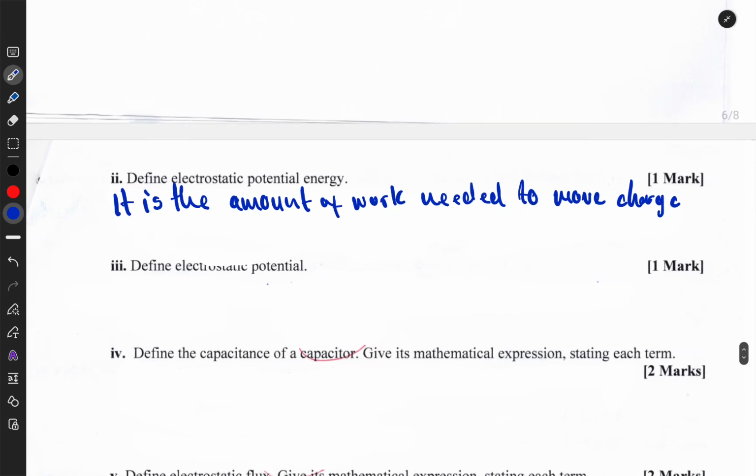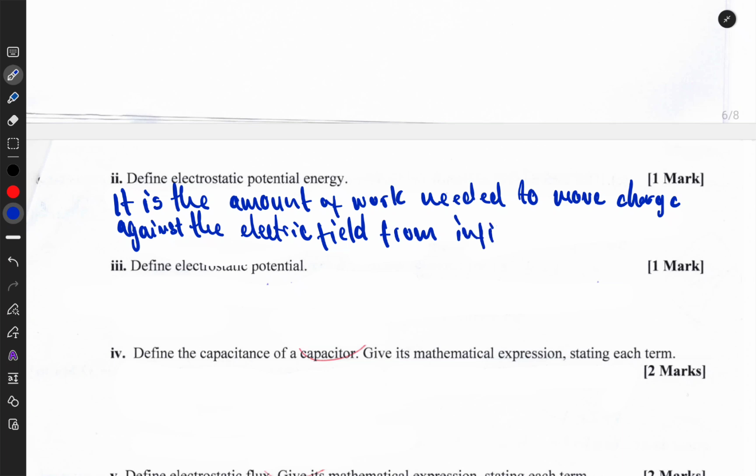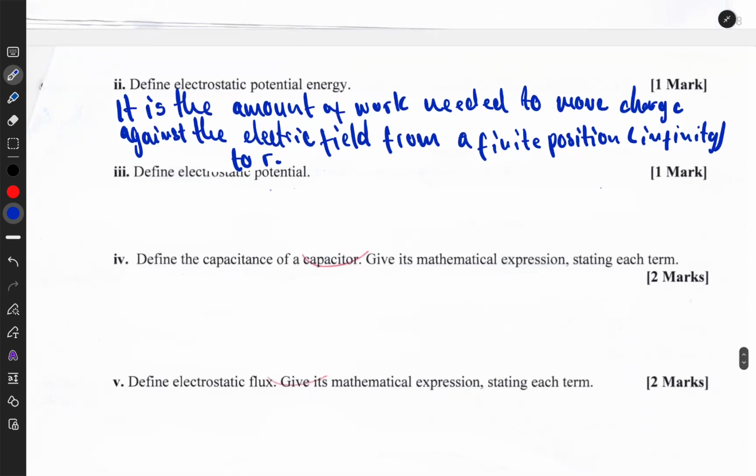So it's to move charge against the electric field from infinity, or you can say from a finite position, or in brackets you can say infinity, to R.